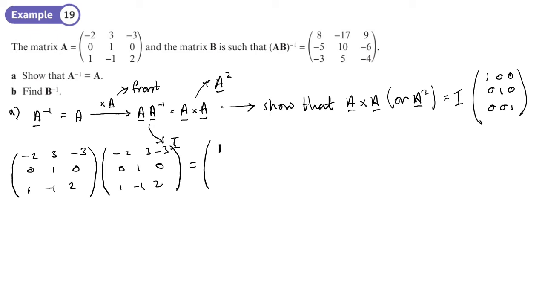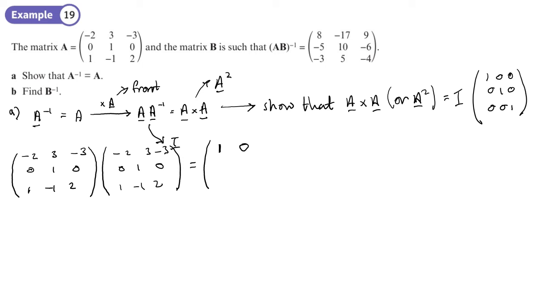Okay, let's move to the second column, first row. So I'm going to do this row here times by this column. So negative 2 times by 3 is negative 6, plus 3, plus another 3 is 0.